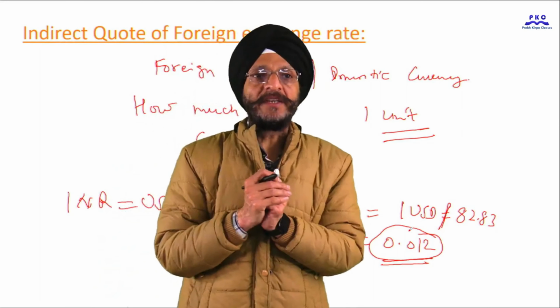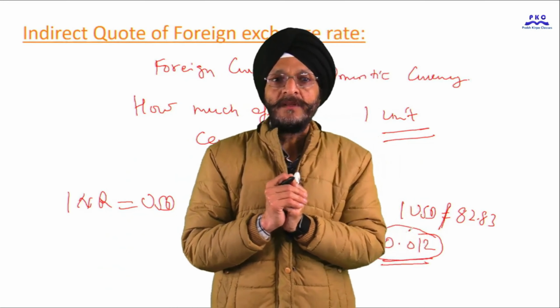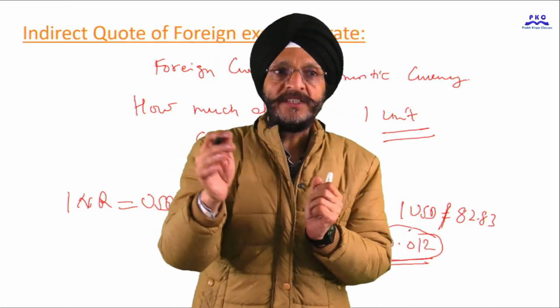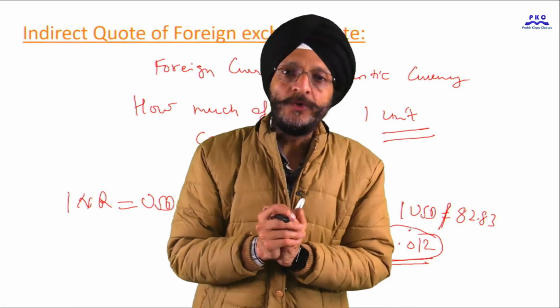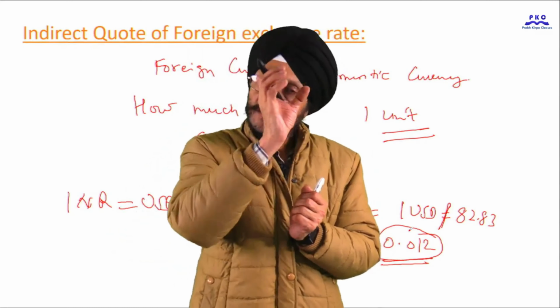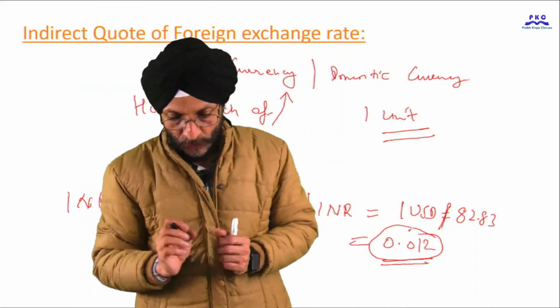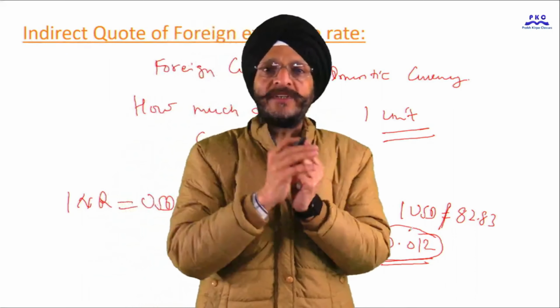In the forex market, the foreign exchange market, when we are quoting exchange rates, we normally use direct quote. That is, we will have to pay this much of domestic currency to purchase 1 unit of foreign currency. Why do we use direct quote?